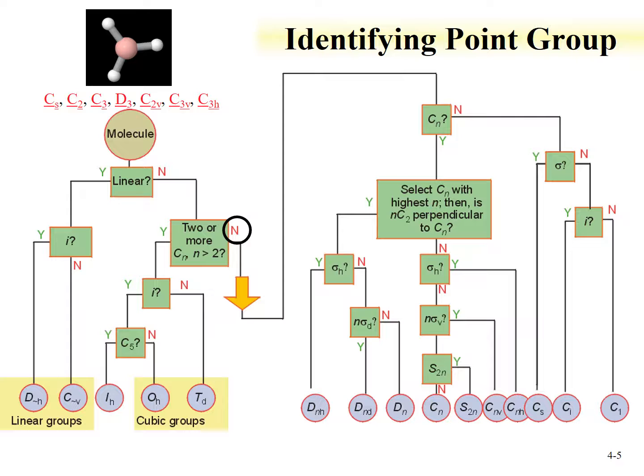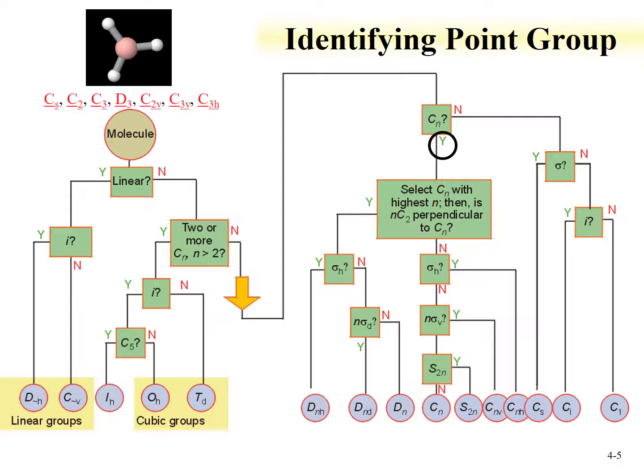So we follow the chain here, go up to this point. Now we have to say, is there a Cn? And we've already demonstrated, yes, there is a Cn. So we go down and we look at this section where we select the Cn with the highest n. That'll be C3.